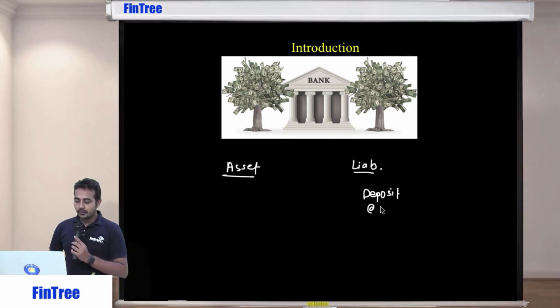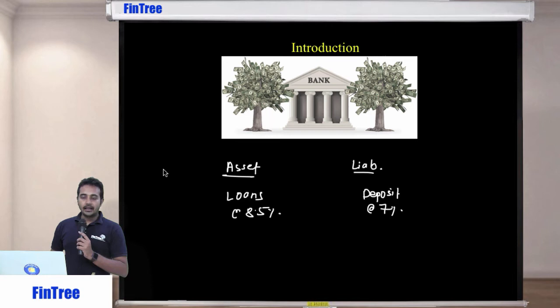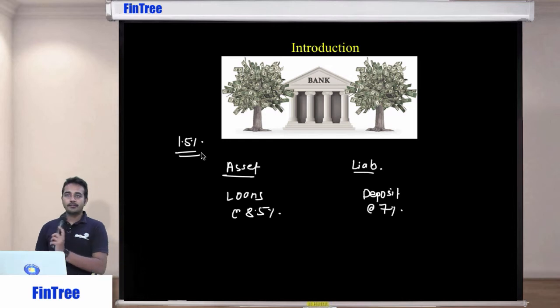Let's say you get deposits on an average at 7%, and then you put those deposits in the form of loans, which is the asset side of the business. And let's say on an average you are able to generate 8.5%. Then whatever assets the bank has, it will have a net interest margin of 1.5%. So roughly this is how we should be thinking of a banking business.